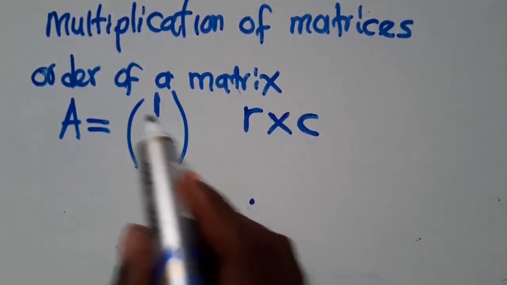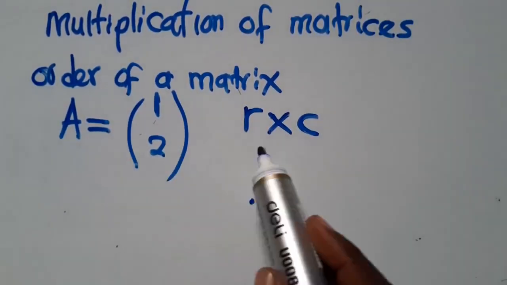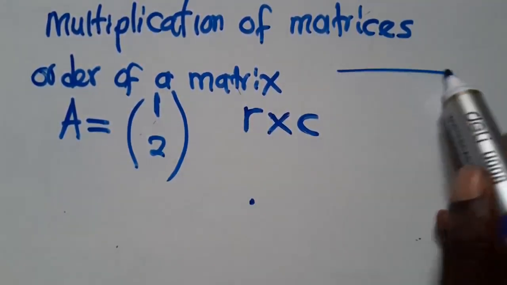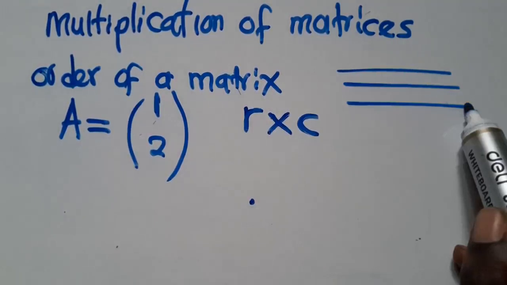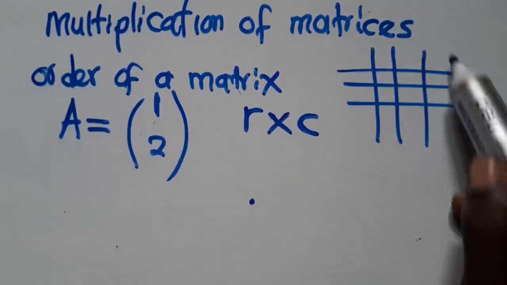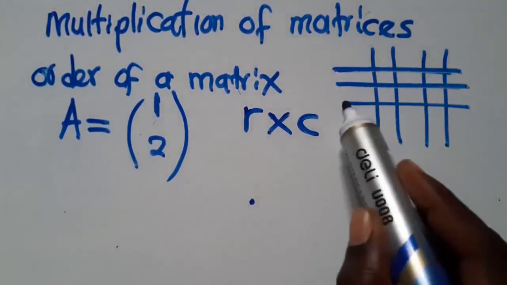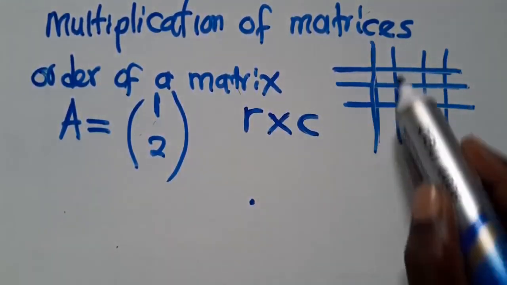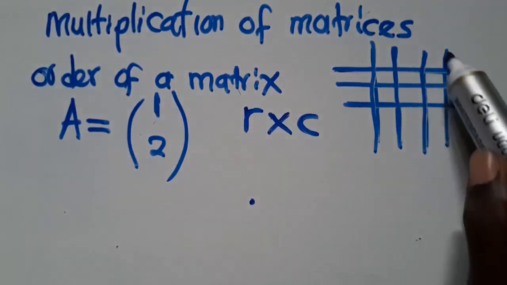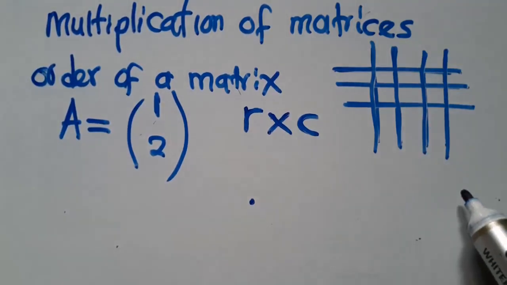Rows are these lines, 1, 2, like this. Columns are like this. Have you seen the way I'm illustrating? This is how you need to know.